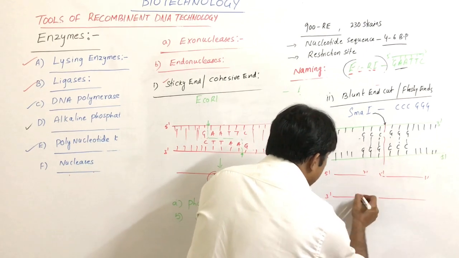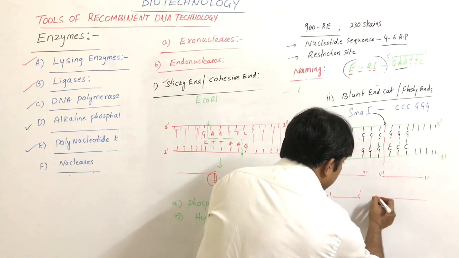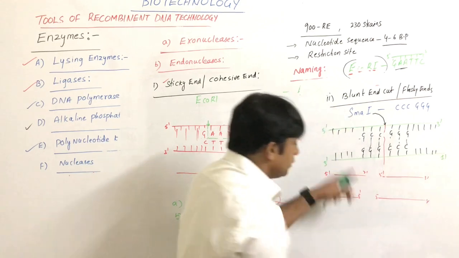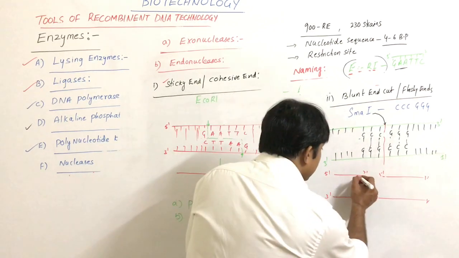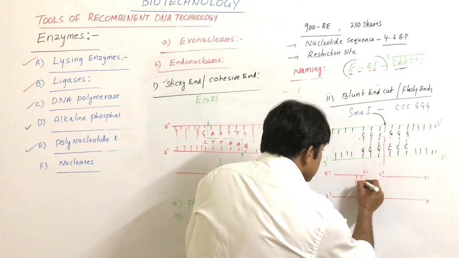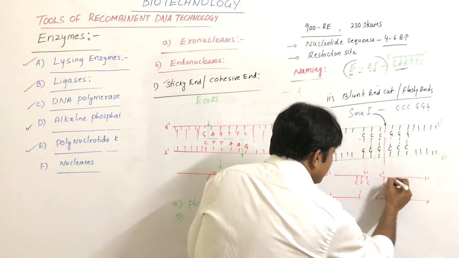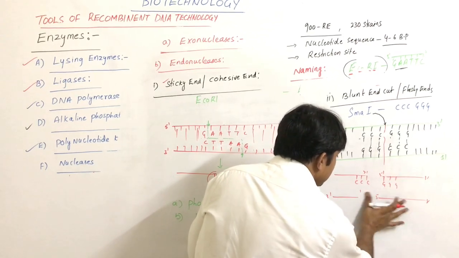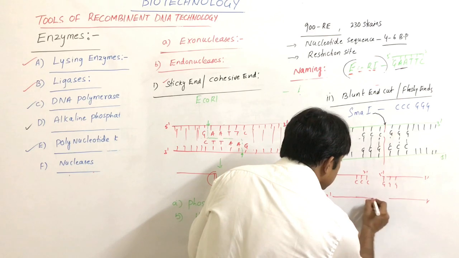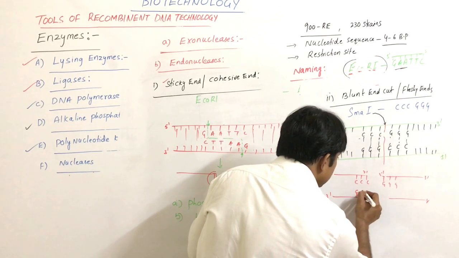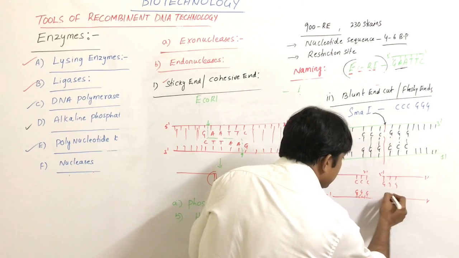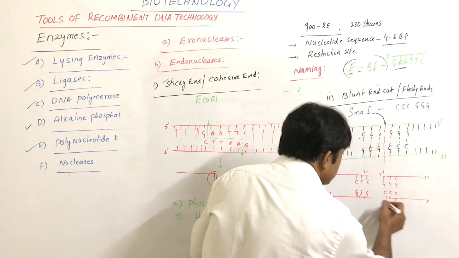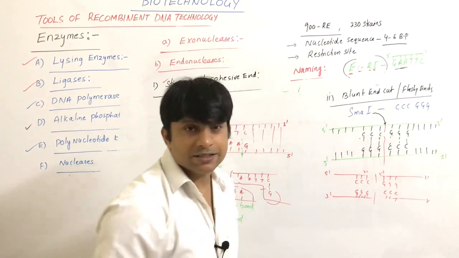Are you following? This is 3' to 5'. This is 5' to 3'. It is broken. So you can see it is CCC GGG, GGG, CCC. These are two blunt ends.